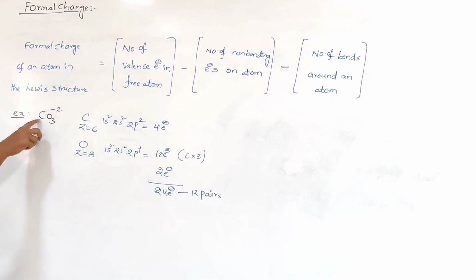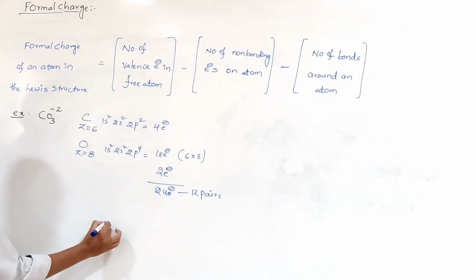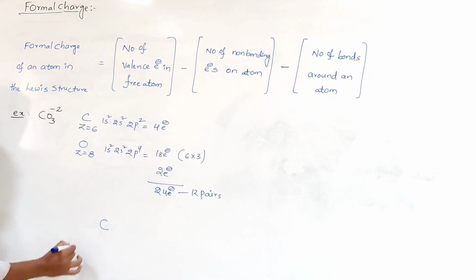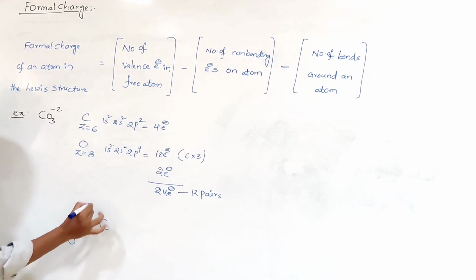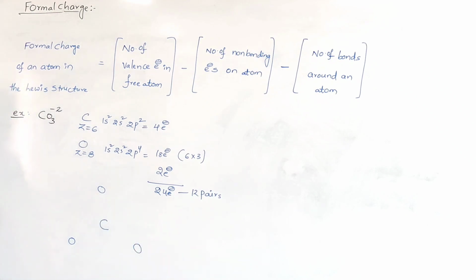First, among carbon and oxygen, carbon is the least electronegative atom. That's why I first write the carbon, C, in the middle, and each oxygen is attached to the carbon atom. Now, out of the 12 pairs, first I keep 3 electron pairs between the 3 carbon-oxygen bonds.